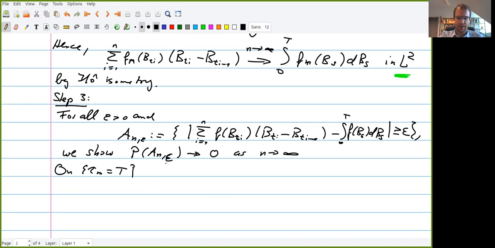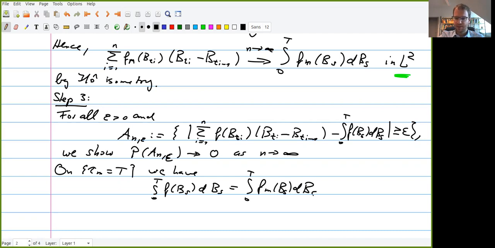And now we know on the set that our localization tau_m is equal to capital T, we have that the integral of f applied to the Brownian motion, integrated with respect to the Brownian motion, is equal to the integral with f_m applied to the Brownian motion.